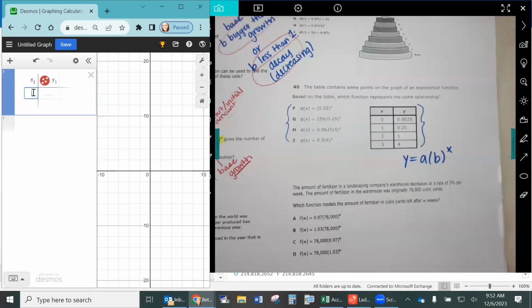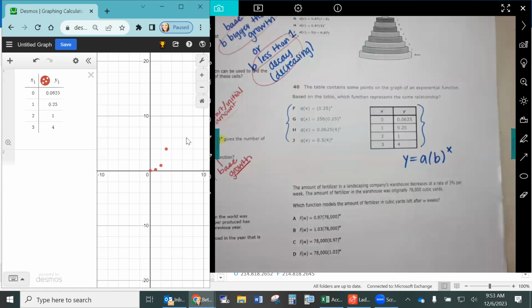Okay, sorry about that. So we are typing in our values. So 0, 1, 2, 3 in the left column, 0.625 in the second column. Oh, and I'm noticing this is a 0.0625. So let me fix that. 0.0625, 0.25, 1 and then 4. Okay, so I can see my points right here.